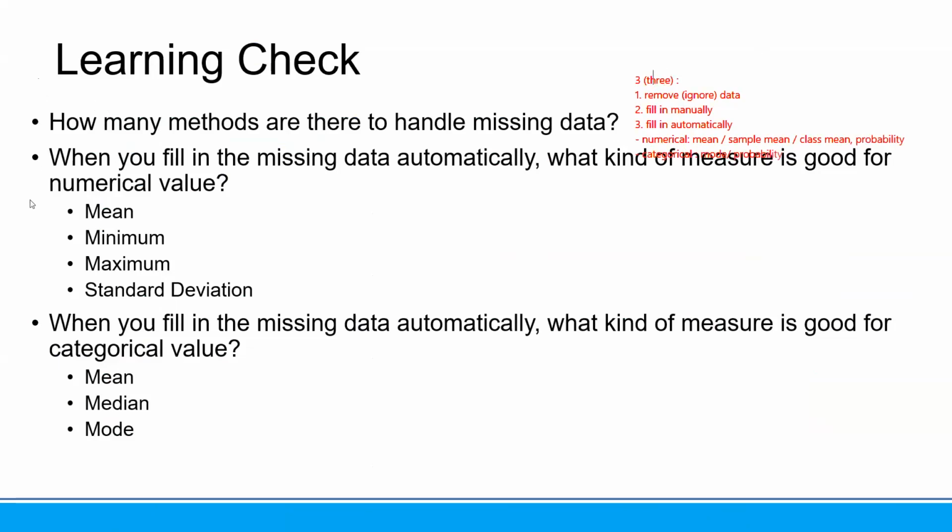So when you fill in the missing data automatically, what kind of measure is good for numerical value? Mean or minimum or maximum or standard deviation? What is the good method to fill in numerical value?